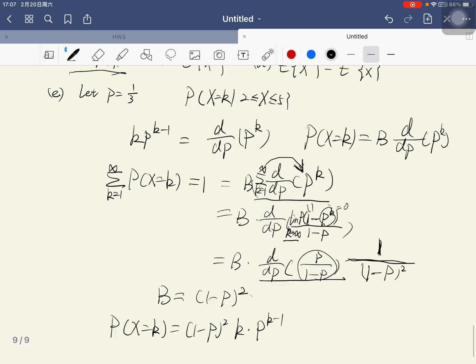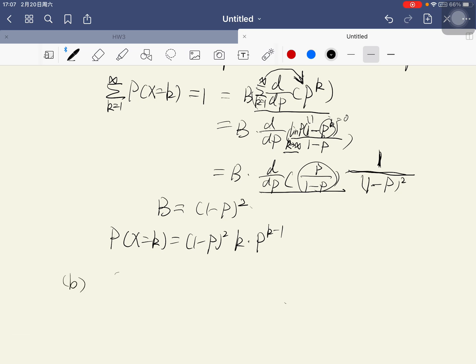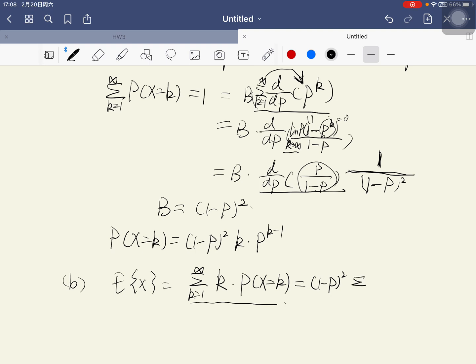For question b, we want to find the expected value of X. The expected value of X is equal to the sum over k from 1 to infinity of k times the probability of X equals k. So we want to compute this, which equals (1 minus p) to the power of 2 times the sum over k from 1 to infinity of k times p to the power of k minus 1.